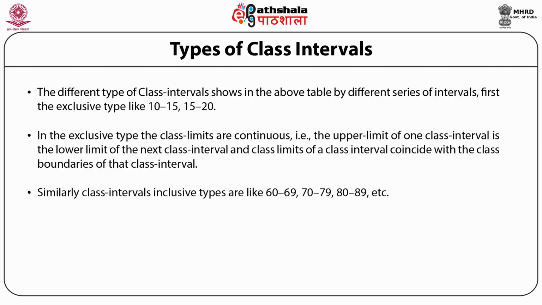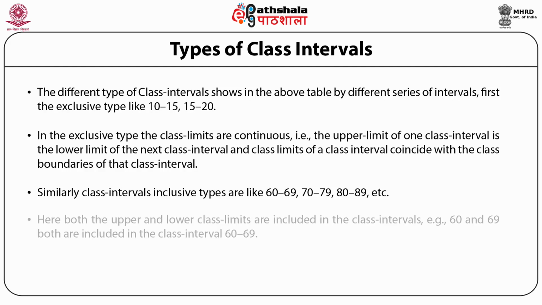Similarly, inclusive type class intervals are like 60 to 69, 70 to 79, 80 to 89, etc. Here, both the upper and lower class limits are included in the class intervals. For example, 60 and 69 both are included in the class interval 60 to 69. This is suitable for discrete variable data.